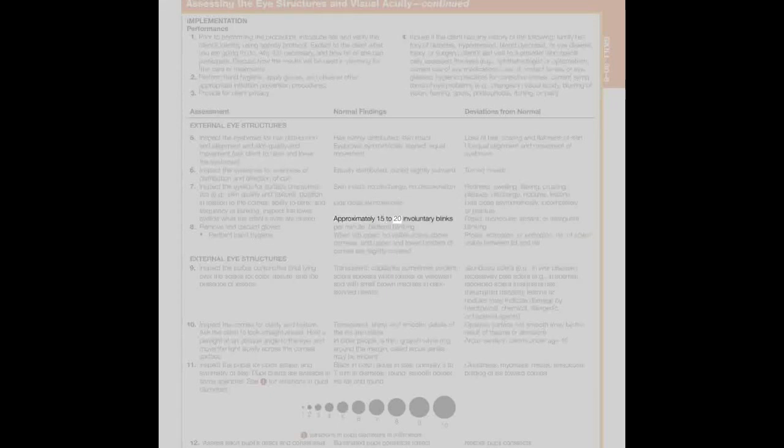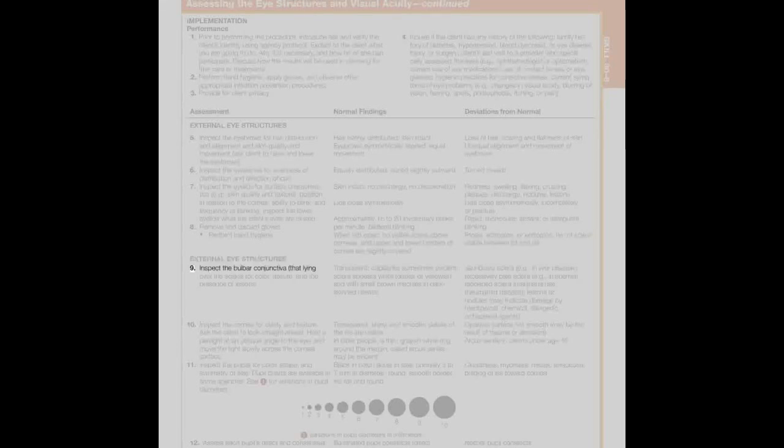Approximately 15 to 20 involuntary blinks per minute, bilateral blinking when lids open, no visible sclera above corneas, and upper and lower borders of cornea are slightly covered. Redness, swelling, flaking, crusting, plaques, discharge, nodules, lesions, lids close asymmetrically, incompletely, or painfully, rapid, monocular, absent or infrequent blinking, ptosis, ectropion, or entropion, rim of sclera visible between lid and iris.